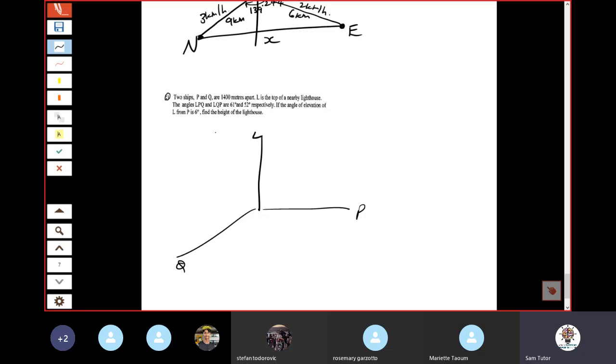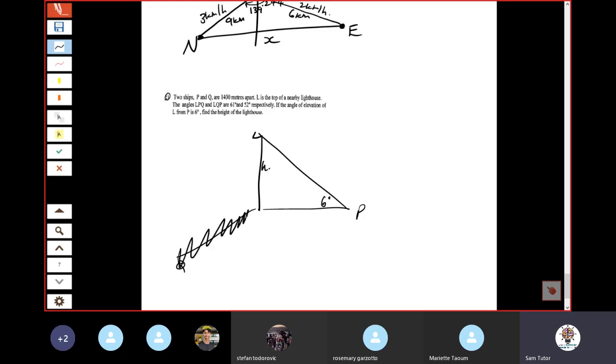If the angle of elevation of L from P is 6 degrees. This might not be a 3D trig actually.